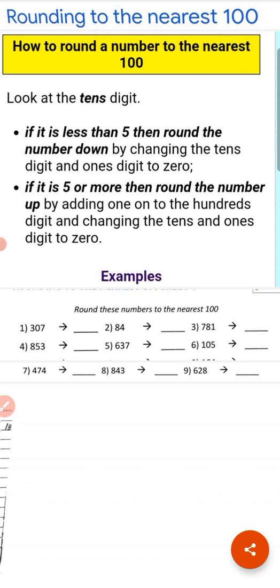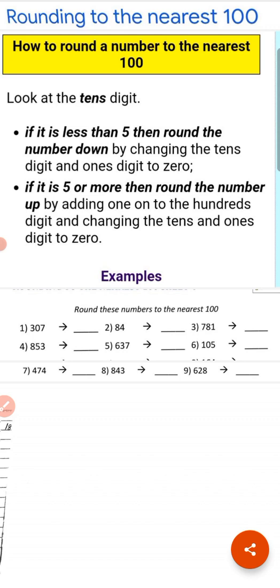If it is less than 5, then round the number down by changing the tens digit and ones digit to 0. If the tens digit is 5 or more than 5, then round the number up by adding 1 to the hundreds digit and changing the tens and ones digit to 0.